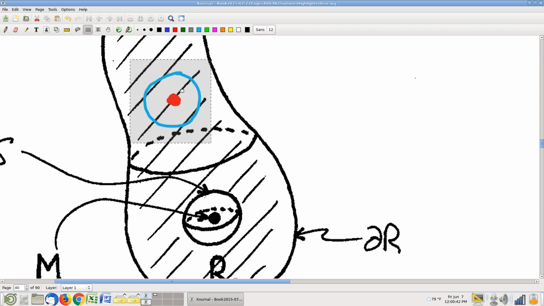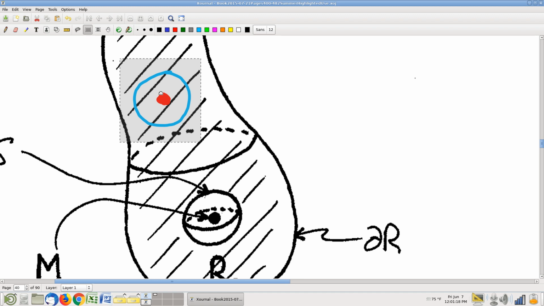Well, if the mass had been up here, I would have drawn the little sphere up here, and I would have hollowed out that region. Same calculation. We get the same answer, right? And whether this mass is up there, or down here, or over there, or over here, where it is doesn't change how this mass is going to create a gravitational field, and on this sphere that I carefully arranged in exactly the same way, I'll always get the same value because I'm always drawing the same picture.